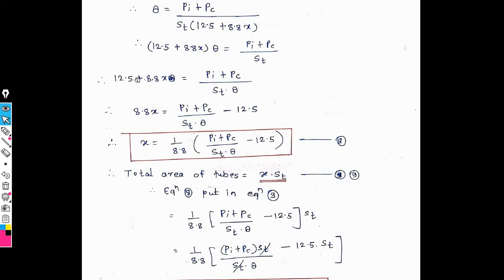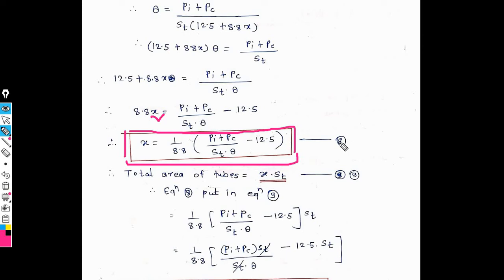Then 12.5 is shifted to the right-hand side, so 8.8x is equal to Pi plus Pc upon ST into theta minus 12.5. Rearranging the equation for x, x is equal to 1 upon 8.8 into bracket Pi plus Pc upon ST into theta minus 12.5.